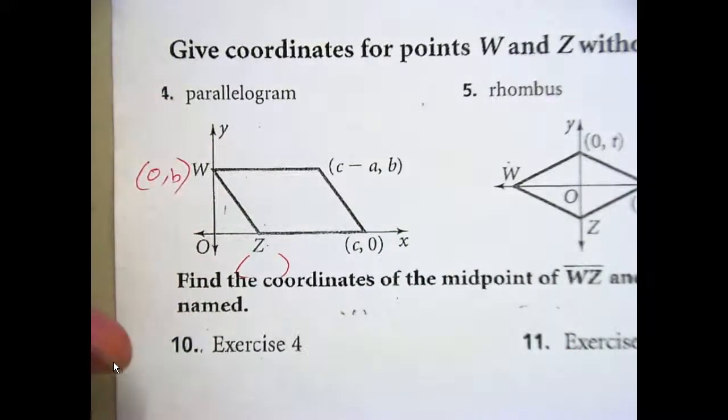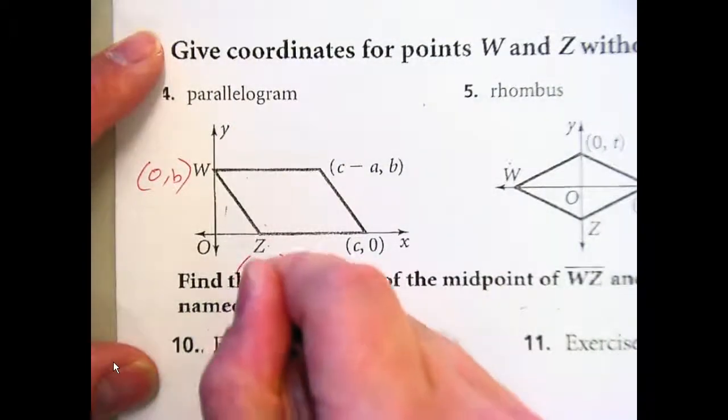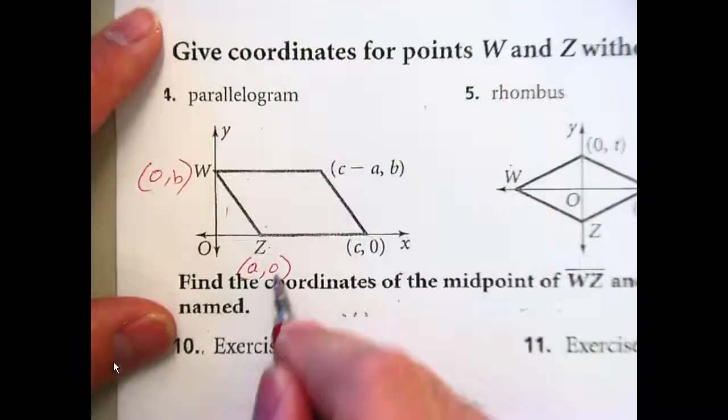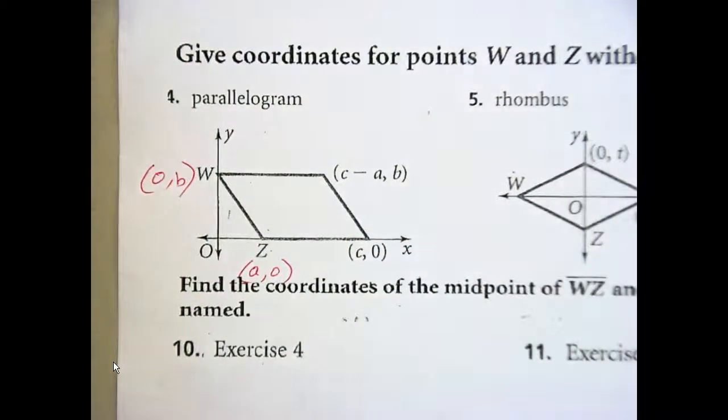Not A minus C, 0. Good thinking, though. KJ, what do you got? Is it A0? It is A0. Okay. KJ, how'd you get that? I think we know how you got the 0 for Y, but how'd you get A?